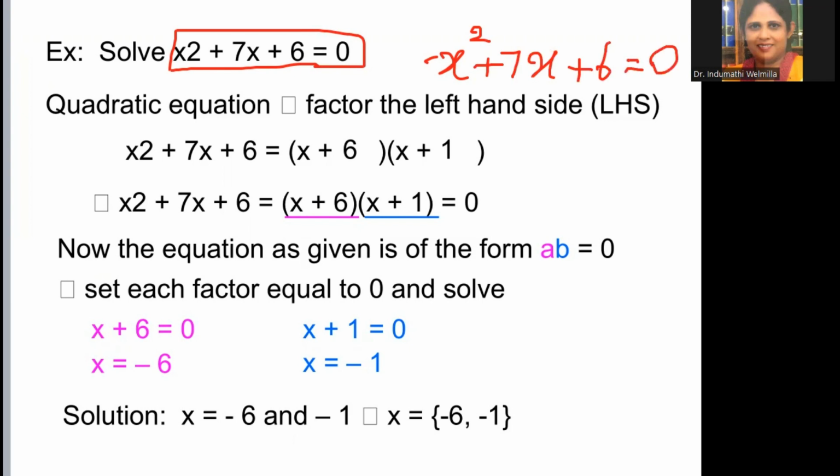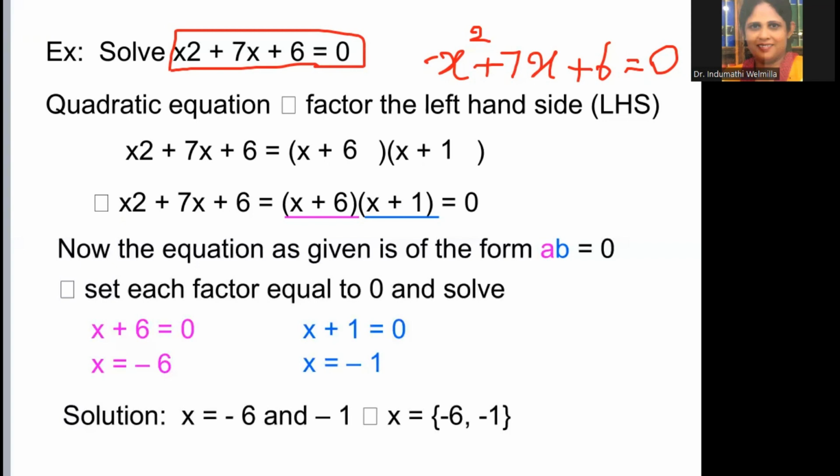Again, if you want to apply the factorizing method to solve this quadratic equation, this equation should have factors. We should be able to factorize that equation, otherwise we can't apply this method, right?